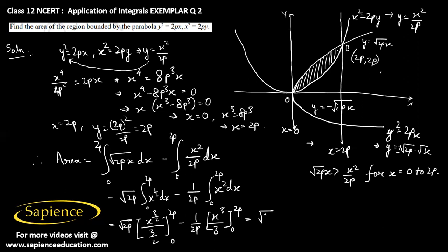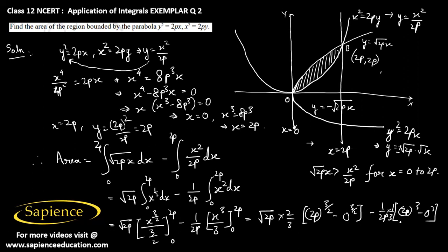Now that is root over 2p times 2 by 3, and x power 3 by 2 gives 2p whole power 3 by 2 minus 0 power 3 by 2, and minus 1 by 2p times 1 by 3, with x cube meaning 2p whole cube minus 0 cube.